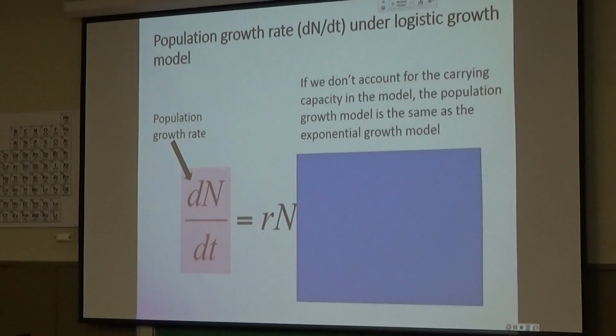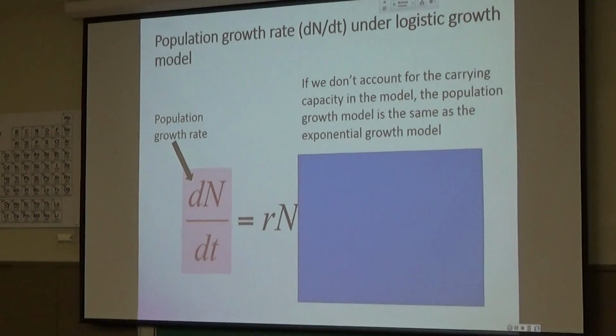The interesting thing here is that if you cancel out that term with the carrying capacity, you have a model that is exactly how you predict rate of population growth in the exponential growth model.